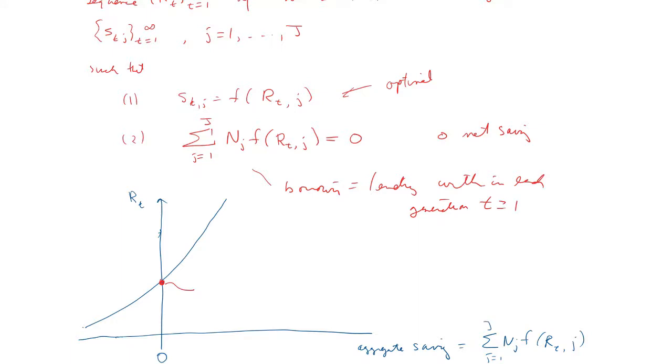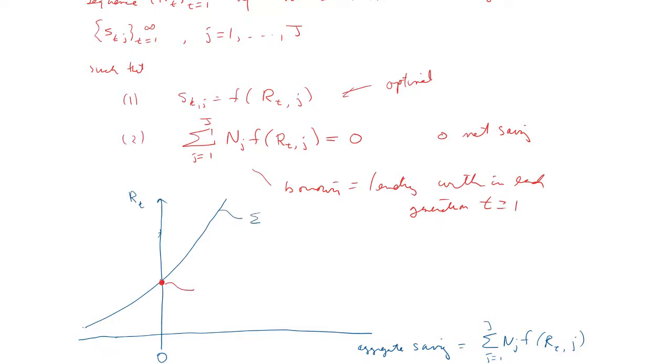If I had specified this economy so that the endowments varied across generations, then this aggregate saving function, which is written here, is our saving function.